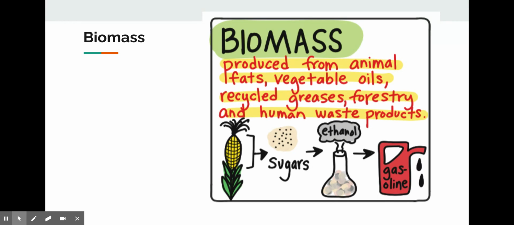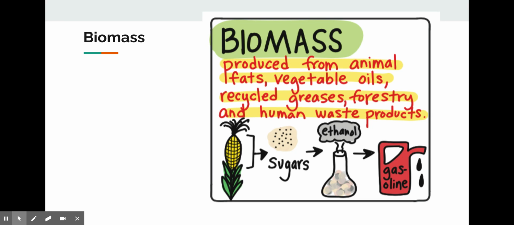The one that people always think about is fast food places. They use oil to fry their fries and their chicken nuggets and things like that.